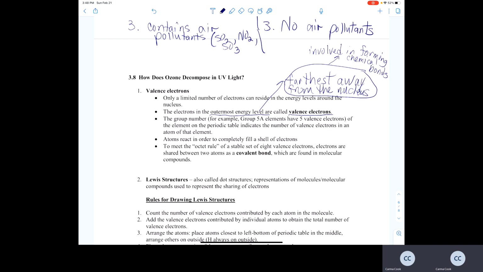And so in looking at the periodic table, the group number, for example, group 5A, the group number tells you how many valence electrons that an element has. So all elements in group 5A have 5 valence electrons.